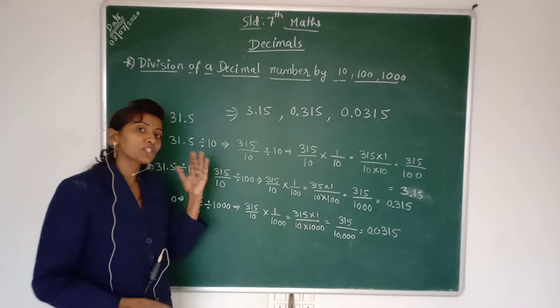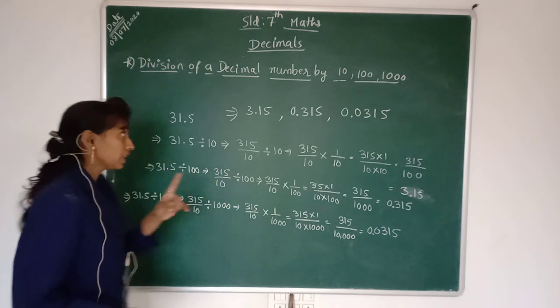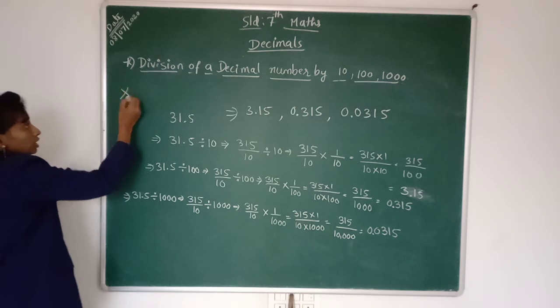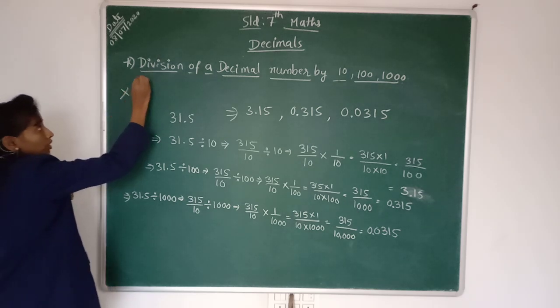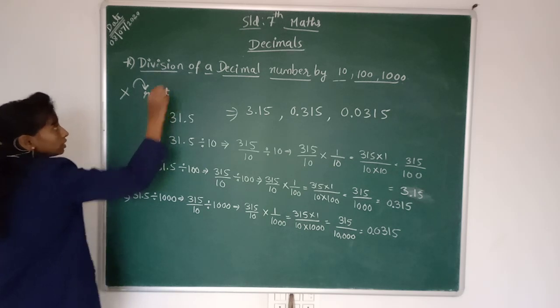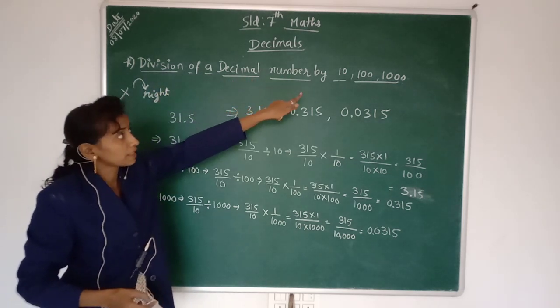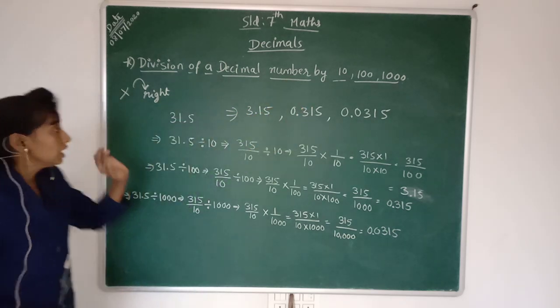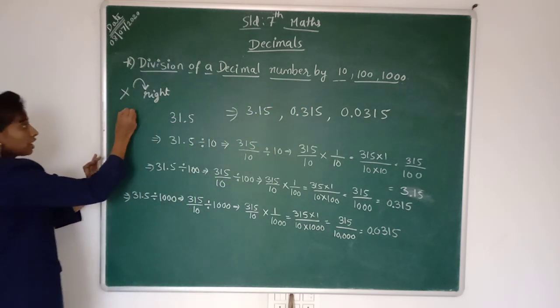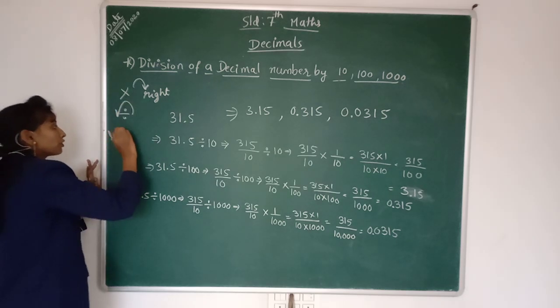In the multiplication of decimal numbers, the decimal point moves towards the right. Opposite of that, when dividing a decimal number by 10, 100 and 1000, the decimal point moves towards the left.